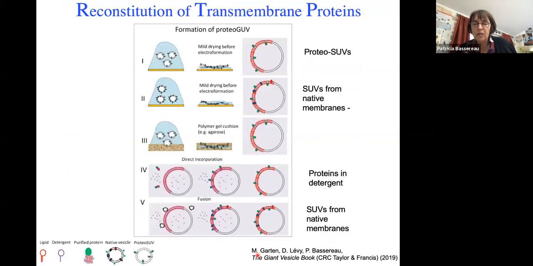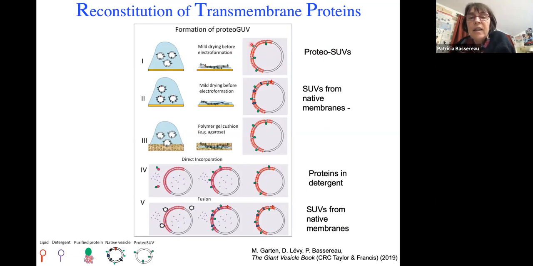And these cartoons reproduce the different techniques which have been used to reconstitute these transmembrane proteins in giant liposomes. The first one starts with proteins which are present in small liposomes, what we call SUVs, small liposomes which contain protein.